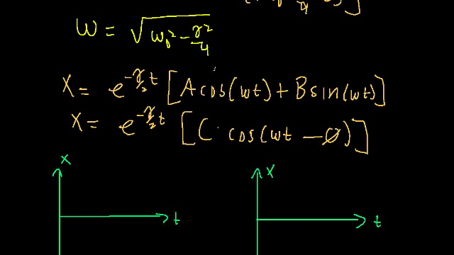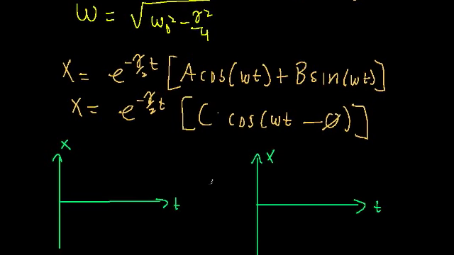But the only difference is now we have a different frequency, a different value of omega, and now we're multiplying this by a decaying exponential. So let's see how these two things impact our solution and overall impact what the system looks like.